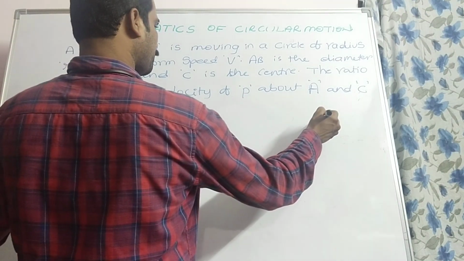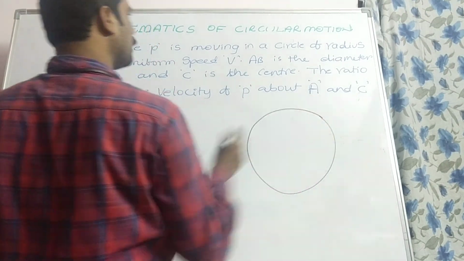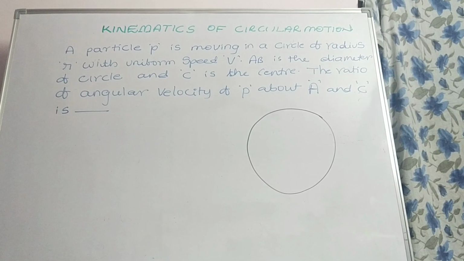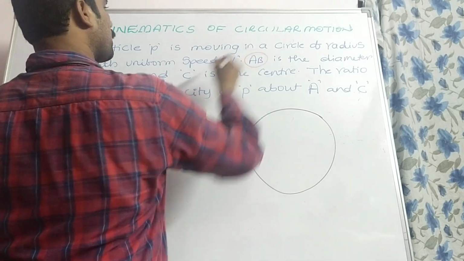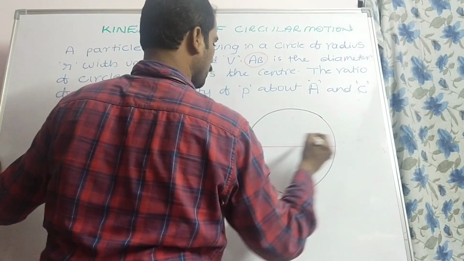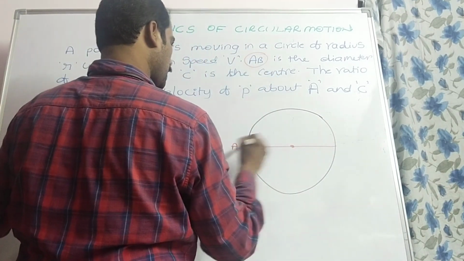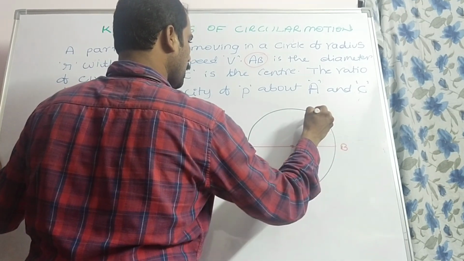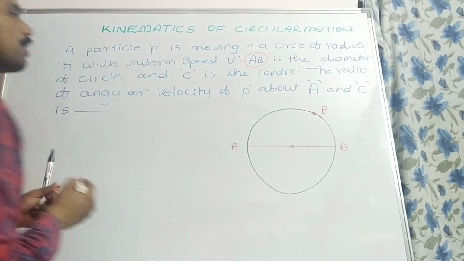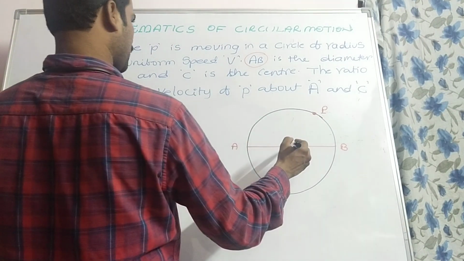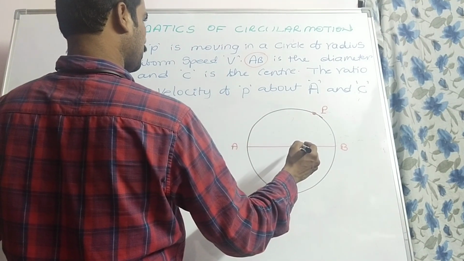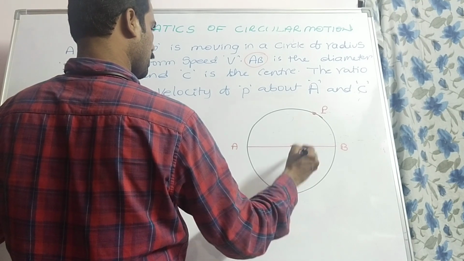Let us consider this is the circle, and given that AB is the diameter. This is A, this is B. Let us consider the particle P is located here, and C is the center of the circle.